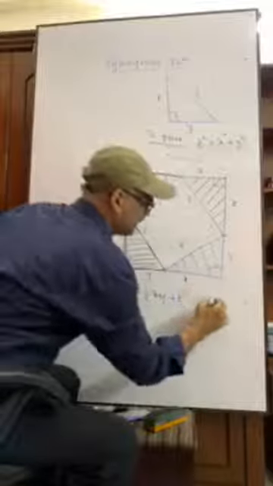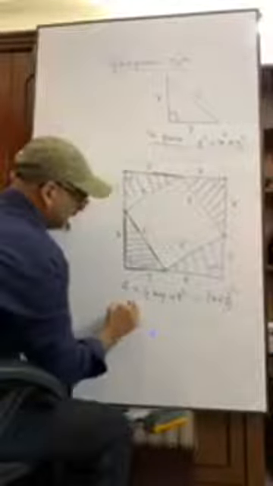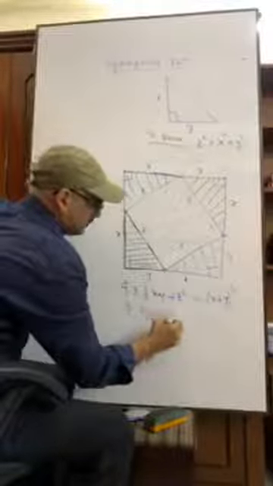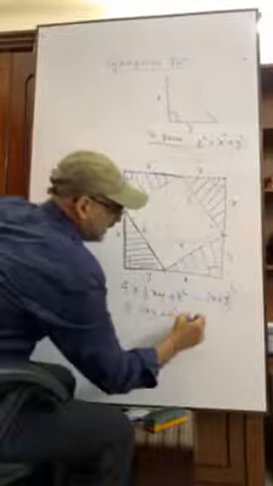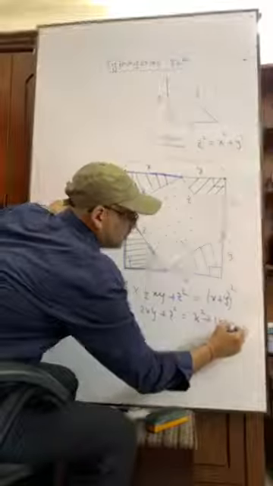This is equal to (x plus y) square. Now we get here 2xy plus z square is equal to x square plus 2xy plus y square.